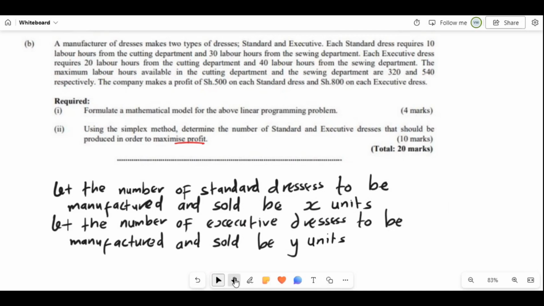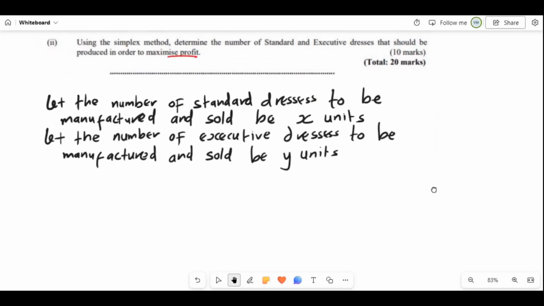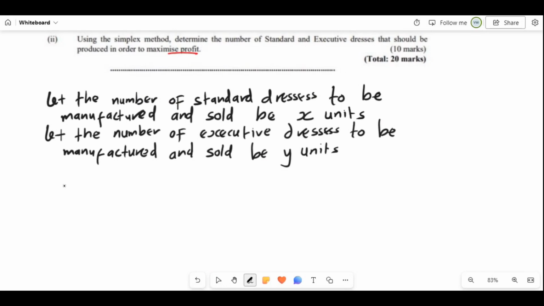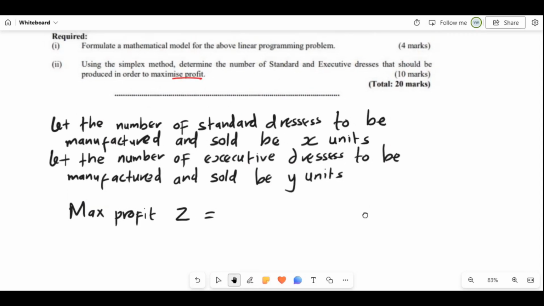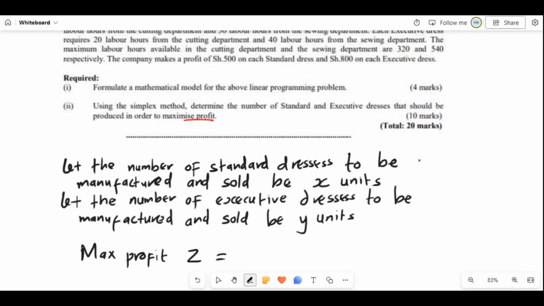Because we've already established that it is a maximization problem, we'll start by developing the objective function. The objective function is given by the maximum profit Z equal to the unit profit on 1 unit of the standard dress. We are told the profit is 500 shillings on each standard dress and 800 on the executive dress.